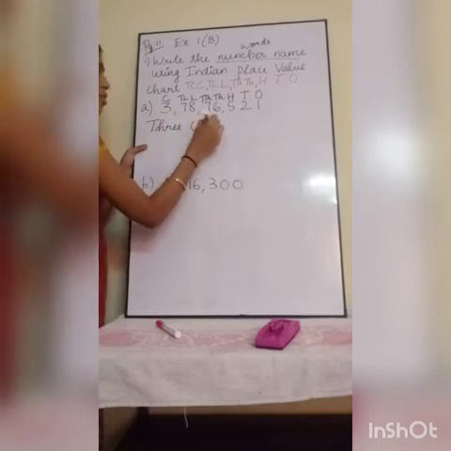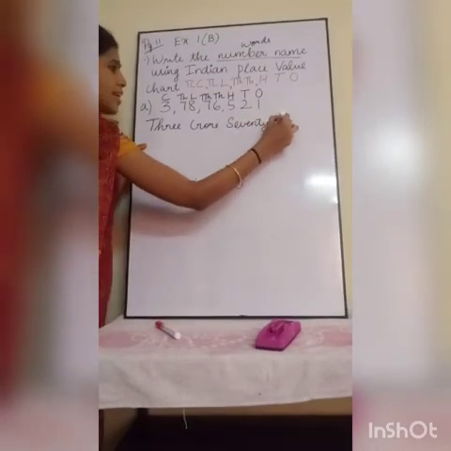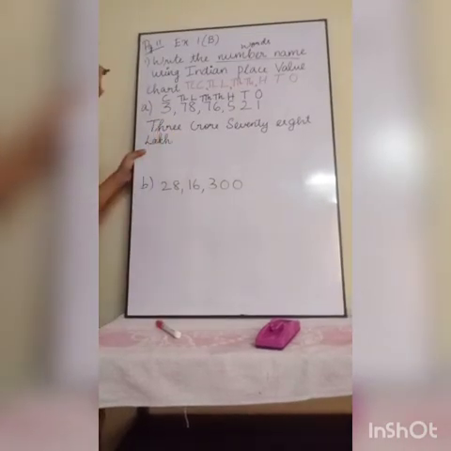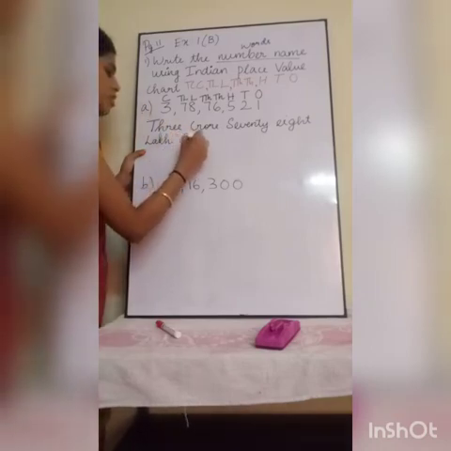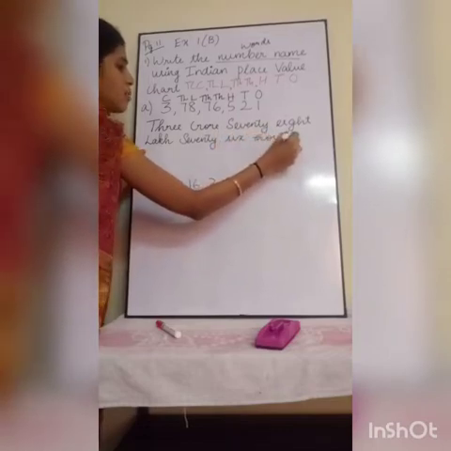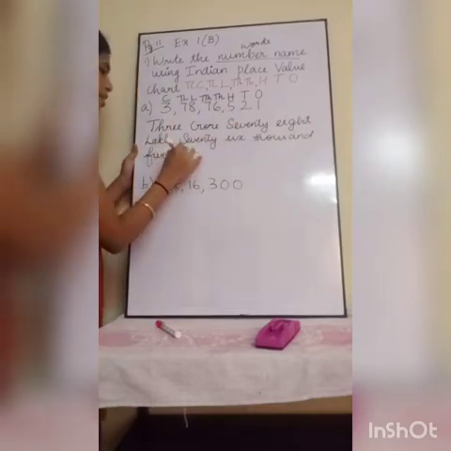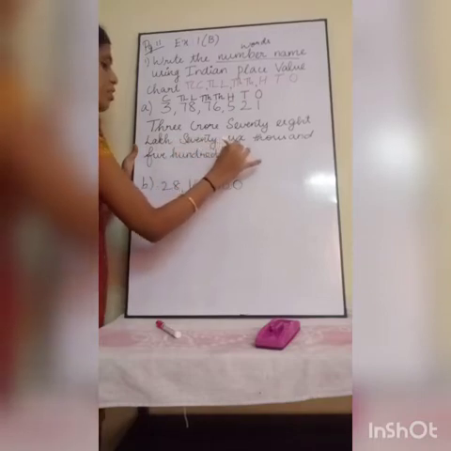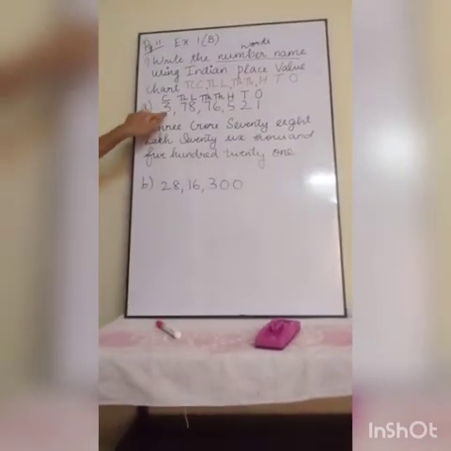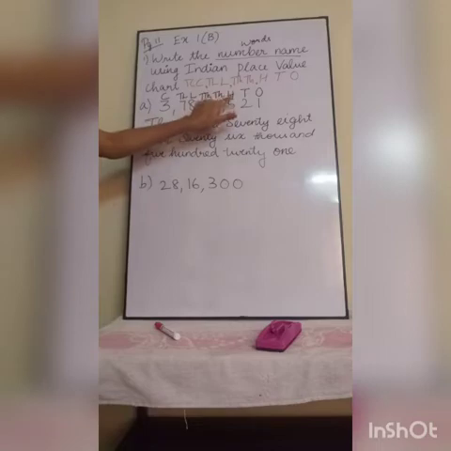3 crore, because here it is 3 crore, 78 lakh, 76,521. So the number name is 3 crore, 78 lakh, 76,521.